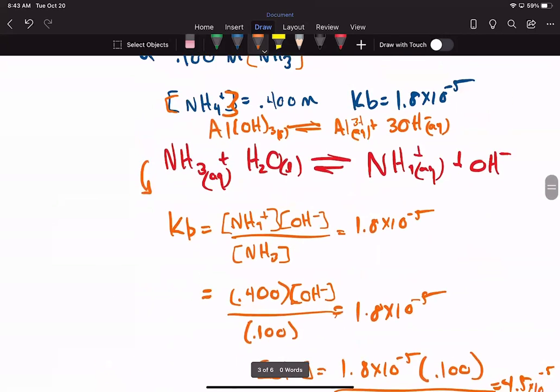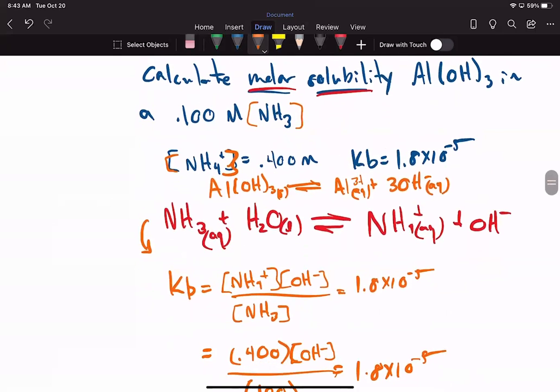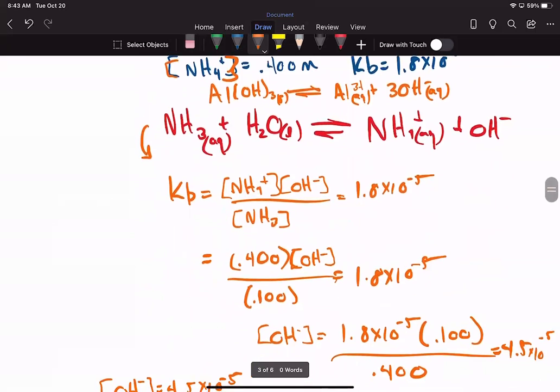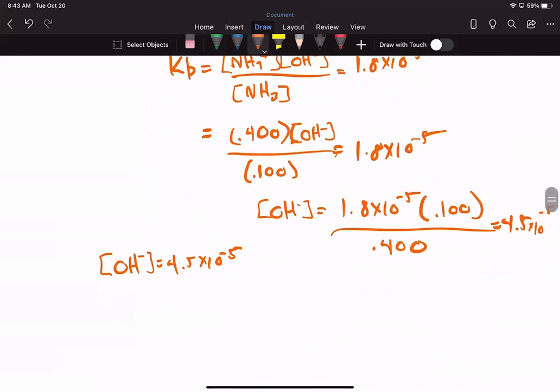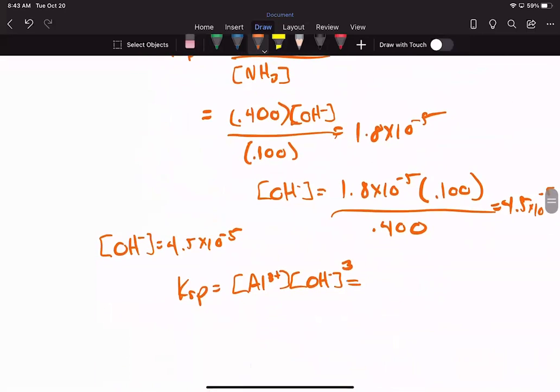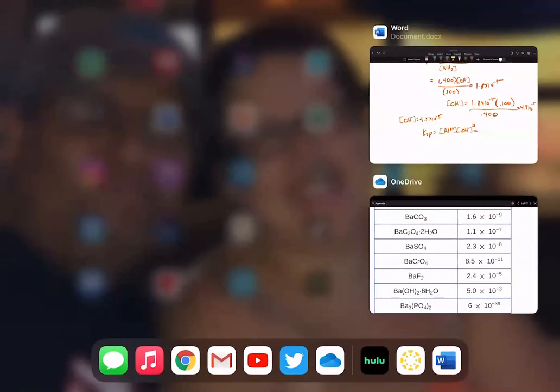And if we look for the KSP, we're probably going to have to look it up. I don't have it, so let me look that up here. Our KSP is equal to the concentration of aluminum times the concentration of hydroxide to the third, because we have three of those. Let's look up aluminum hydroxide.